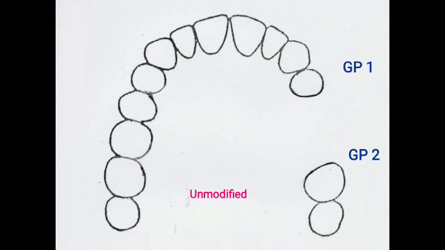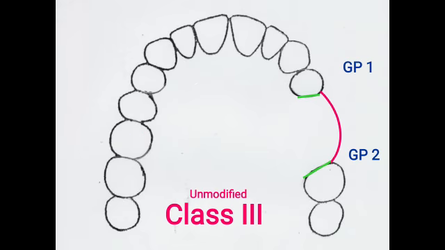GP is nothing but guide plane 1 and guide plane 2. These green lines represent a component of the removable partial denture known as a guide plane. They help in guiding the removable partial denture between the abutment teeth.